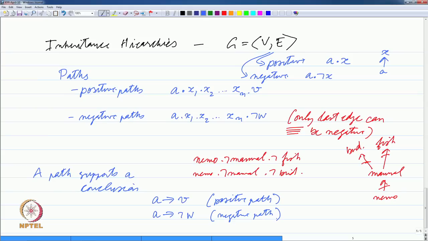So, a path supports a conclusion, that if there is a positive path going up to some label, then we can say that A, the individual that we are interested in, has that property or belongs to that class or whatever that may be, or if it is a negative path, then we know that it supports a negative conclusion about that path essentially. Now, the only question we want to ask is that in the face of ambiguous networks in which there are conflicting conclusions that you can draw, which is the one that you would like to believe in essentially.